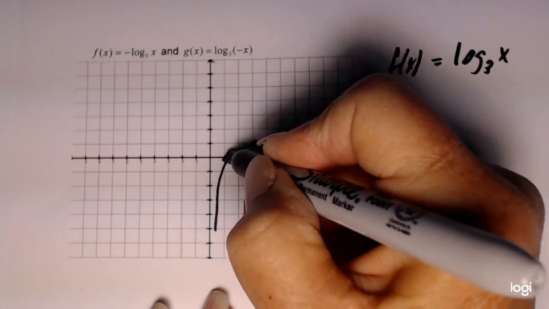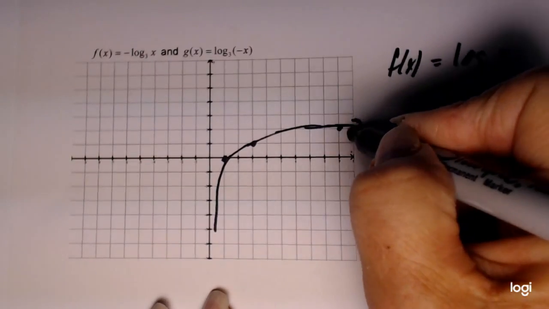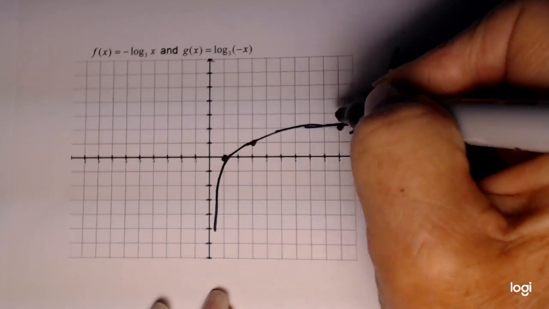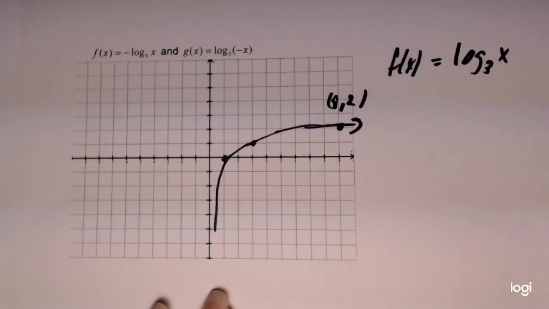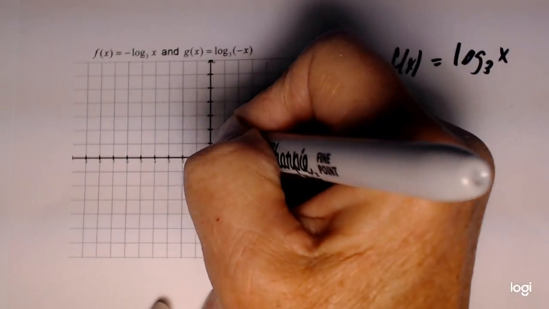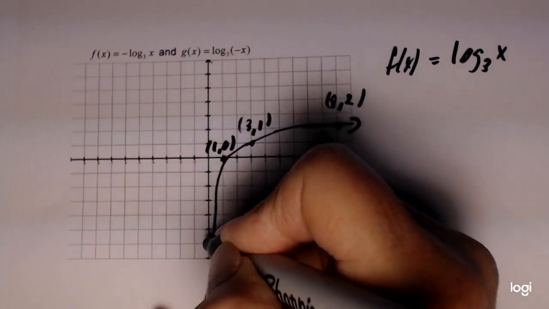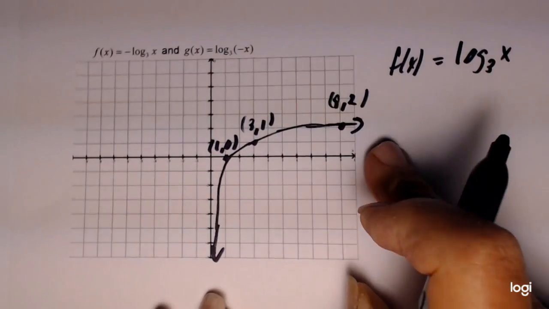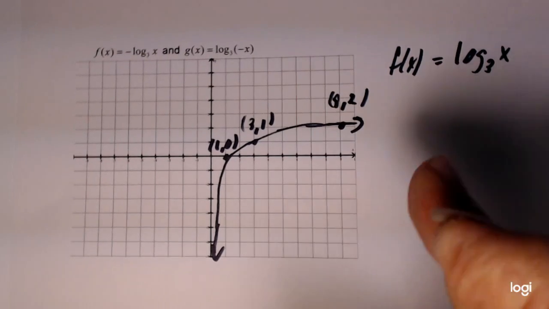Connecting these, there is our function. Let me label these: (9, 2), (3, 1), and (1, 0). So there are three points identified on our basic function.